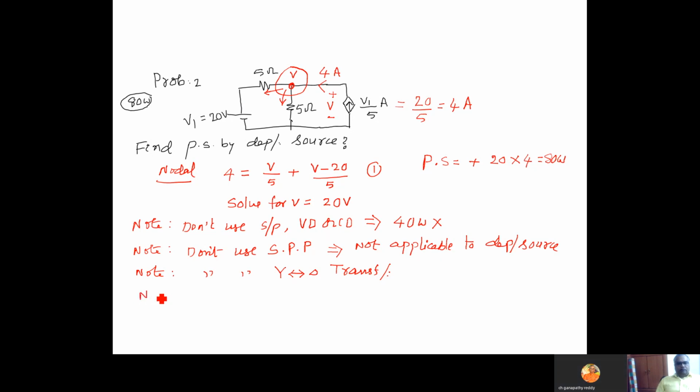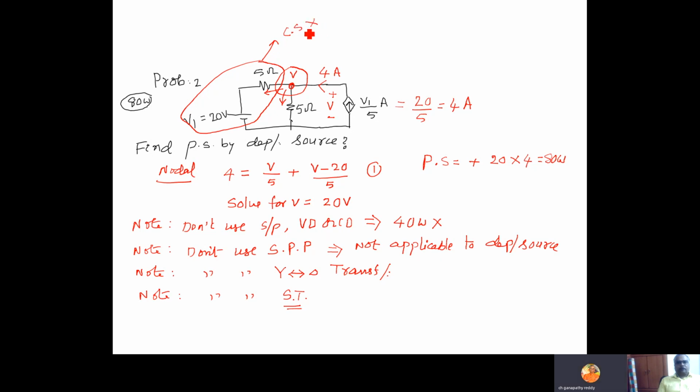And another note, don't use source transformation. In source transformation, can we change this voltage source into current source?